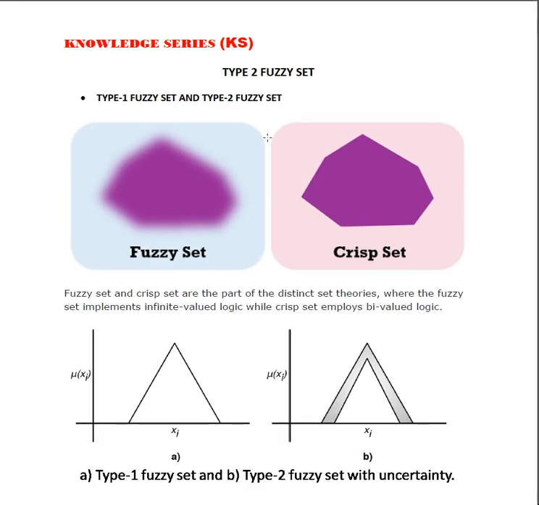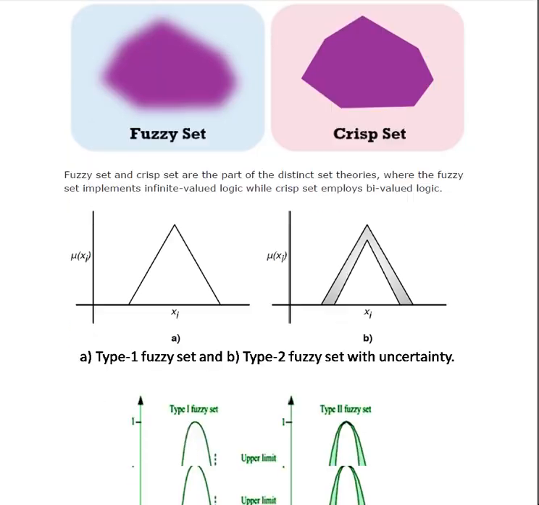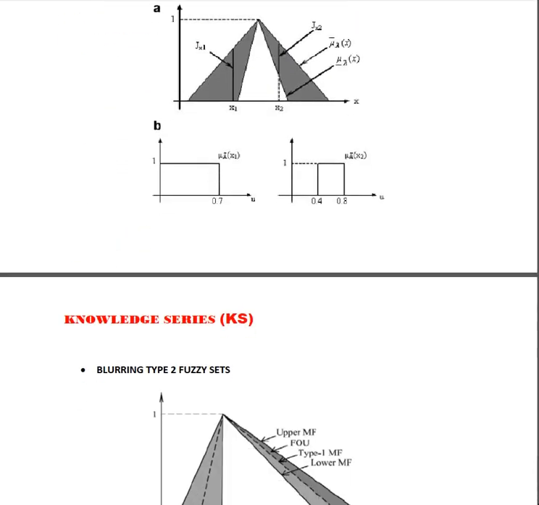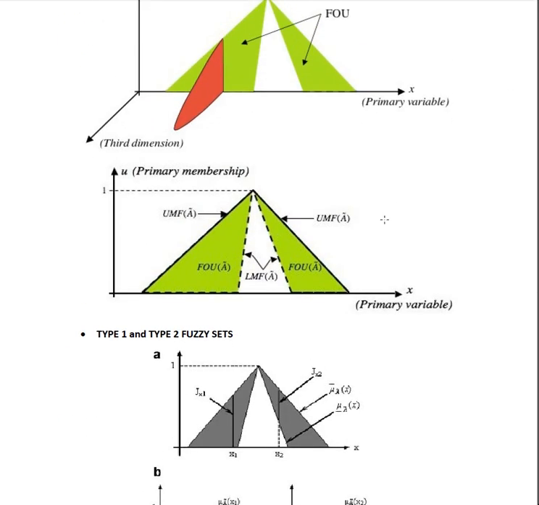Now here we are seeing the blurring with respect to type 1, but the effect can still occur in the type 2 fuzzy set.